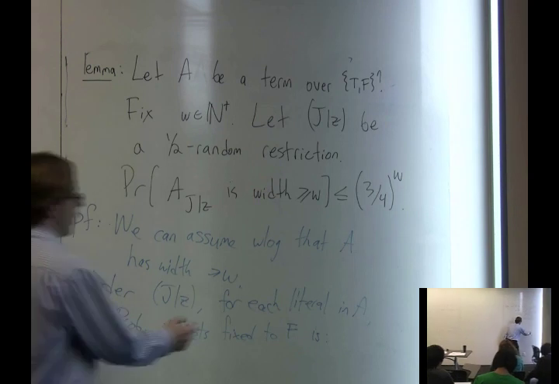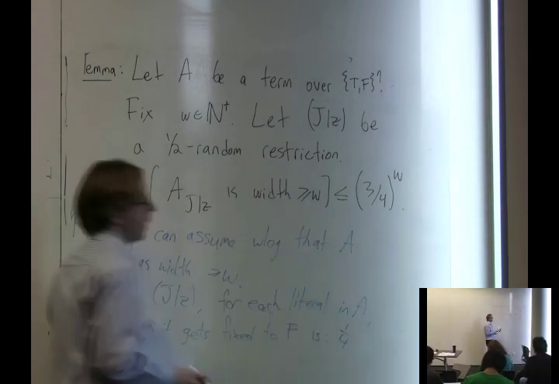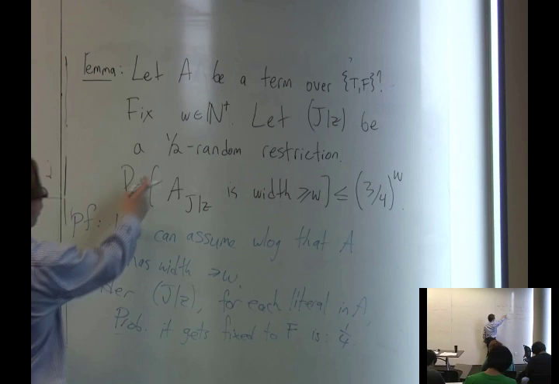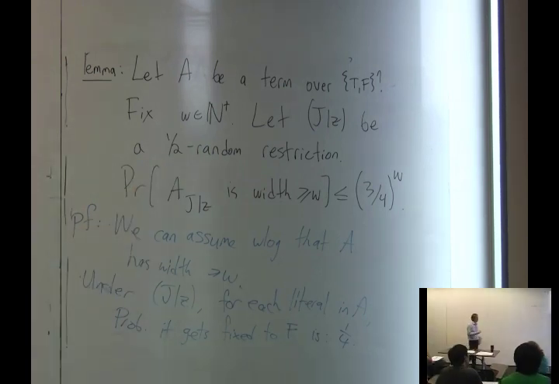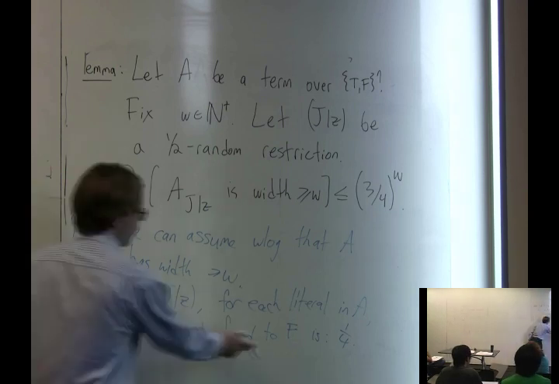Yeah, because for each coordinate, the probability that it gets fixed is a half, 1 minus this number. And then conditioned on that, it's 50-50 that it'll be true or false. That's true of the literal and the variable. So the probability it gets fixed to false is 1/4.